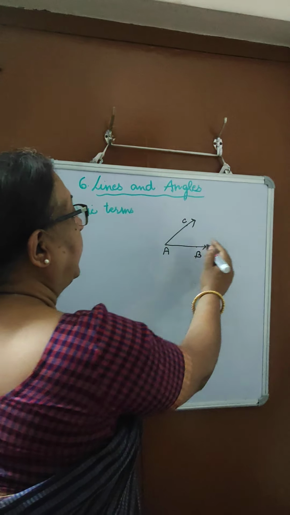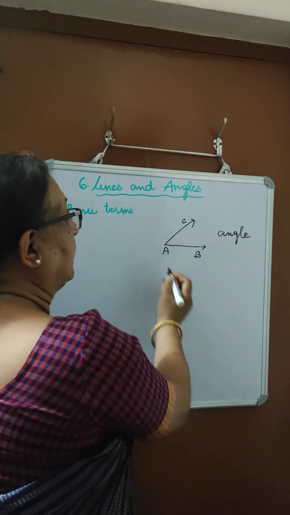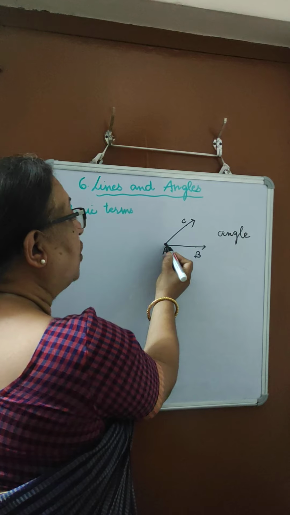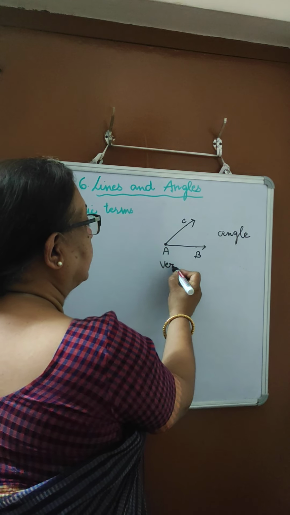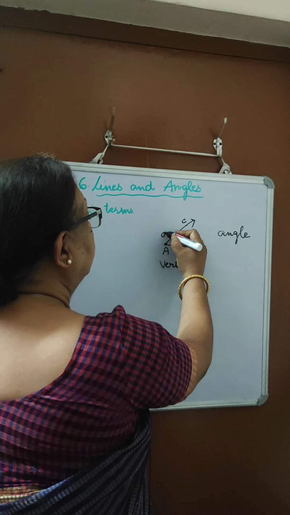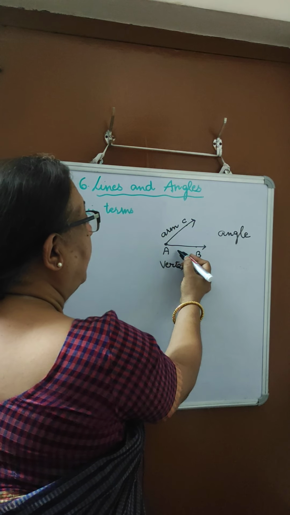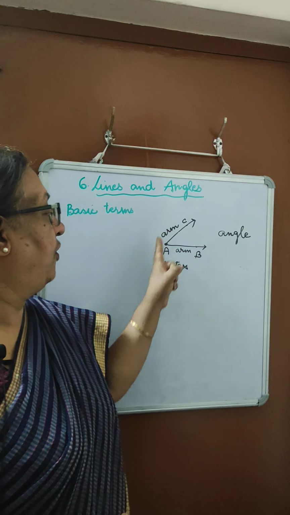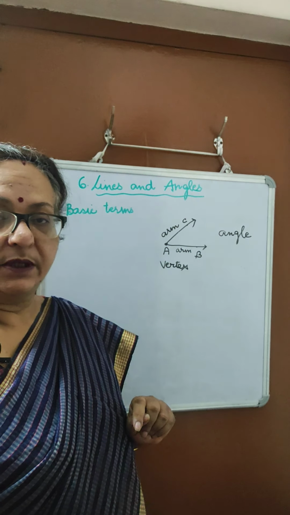This common point of both the rays is called the vertex, and these two are the arms of the angle. This is one arm and this is the second arm. So for an angle we have a vertex and two arms.